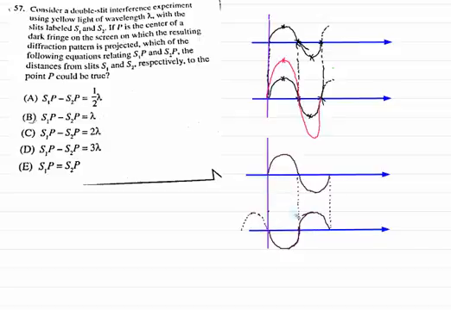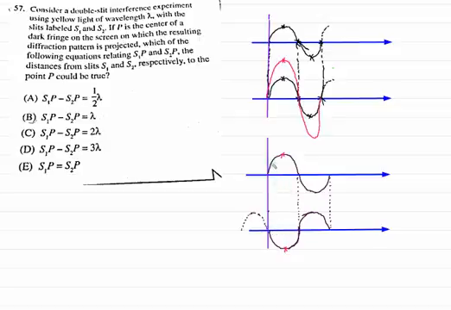In this case, if these two waves overlap each other, let's consider this point. This is positive, this is fully negative, maximum positive, maximum negative, because they are in a different cycle, so they cancel out.